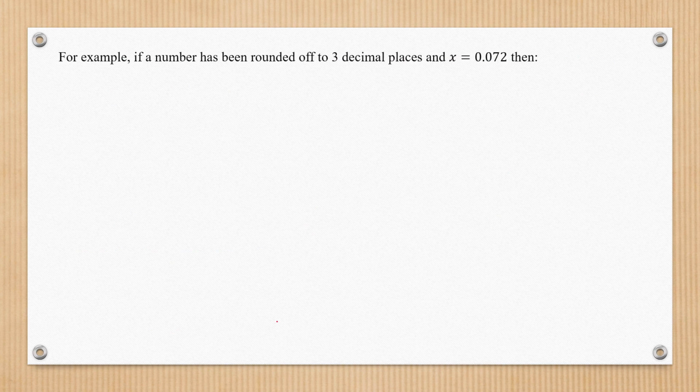What that means is, for example, if a number has been rounded off to 3 decimal places and x is equal to 0.072, then we look at these 3 values here. We can say that there are 3 values after the decimal place. That means we have 0.5 times 10 to the power negative 3. So we consider the number of decimal places.